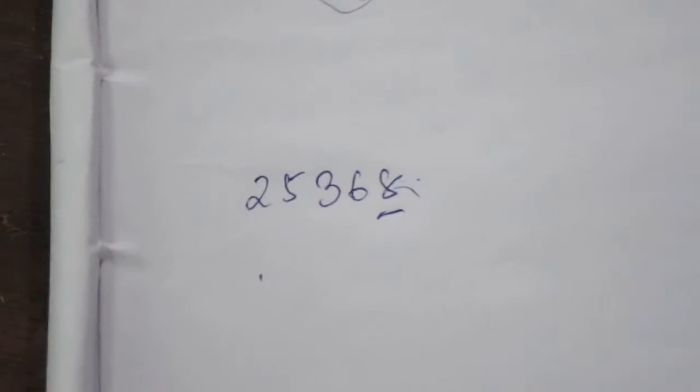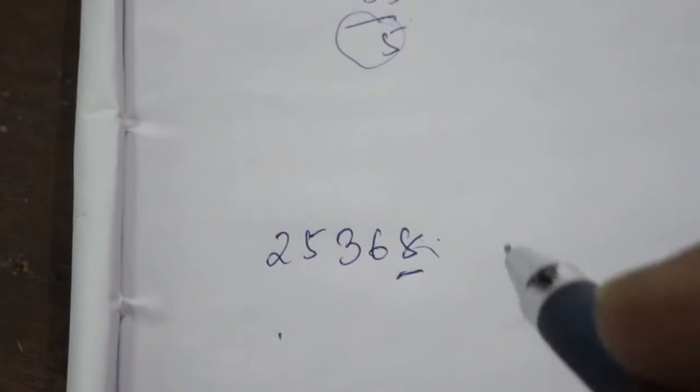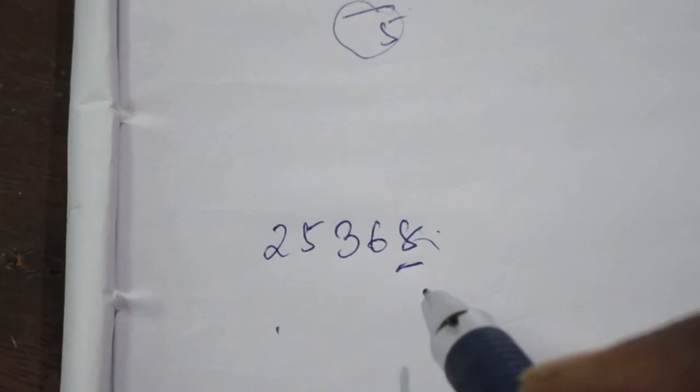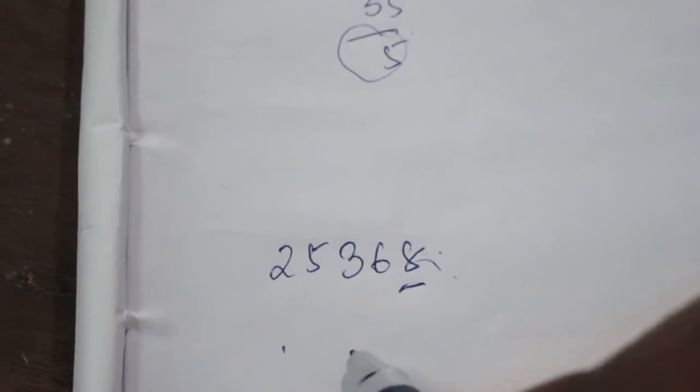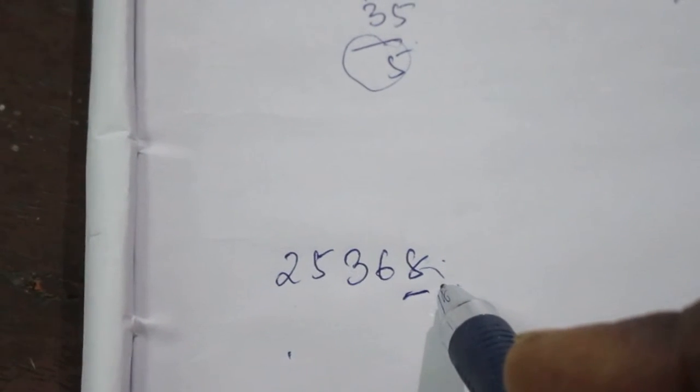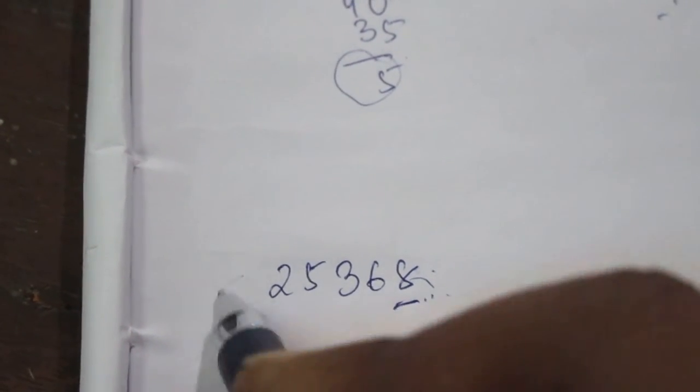Say 25368. So what is its ones digit? Its ones digit is 8. So what is the number formed except the ones digit?